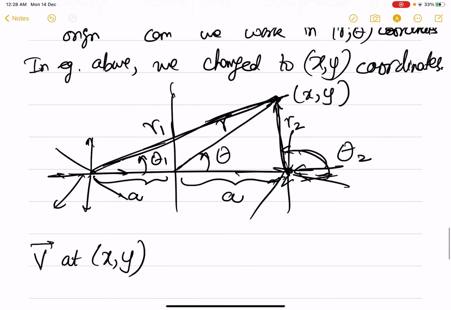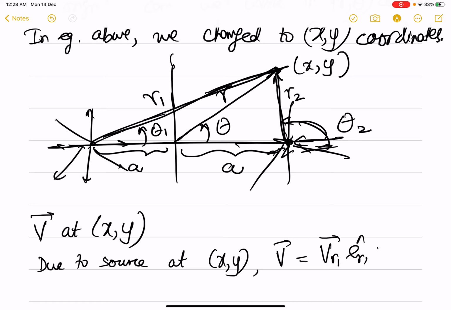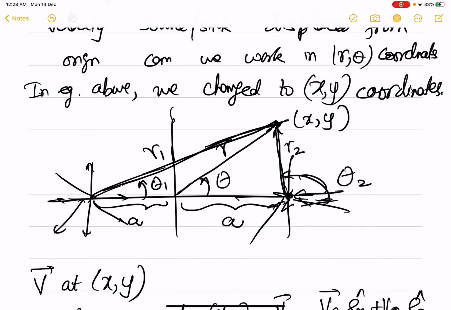So now what I know is, due to the source at the point x comma y, the velocity is equal to VR1 ER1 plus V theta 1 E theta 1. This is the general expression, of course. So if I'm joining from this point, this direction is ER1 and perpendicular to this is E theta 1.